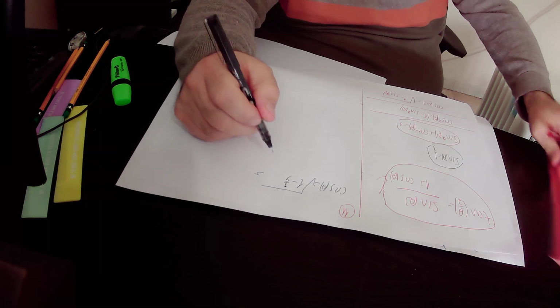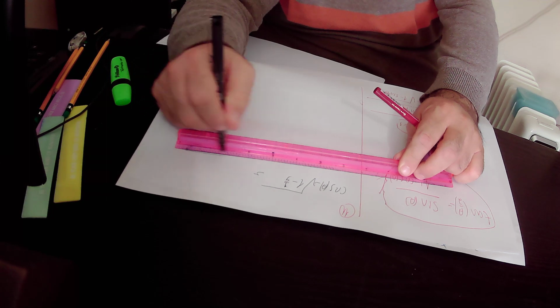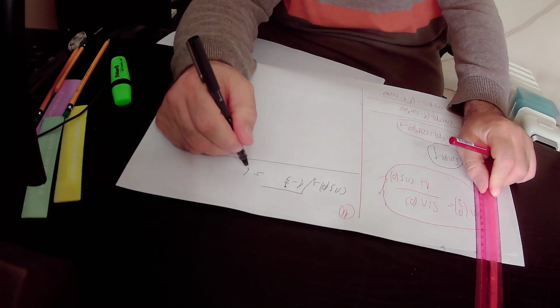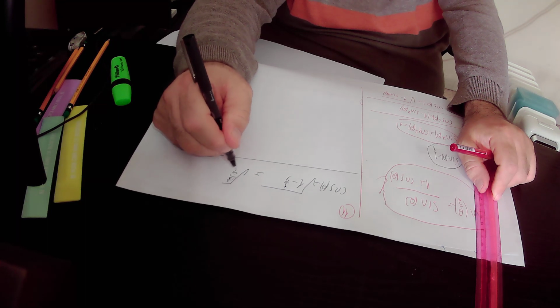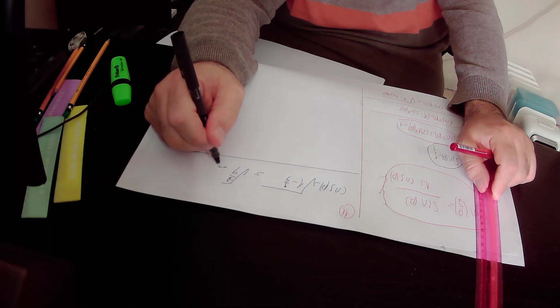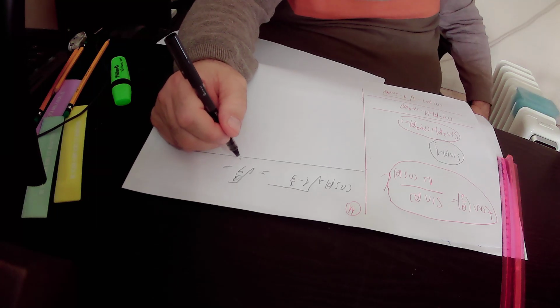And here 1 minus 1 over 9 equals 8 over 9, so inside the root we will have 8 over 9, and 8 equals 4 times 2.